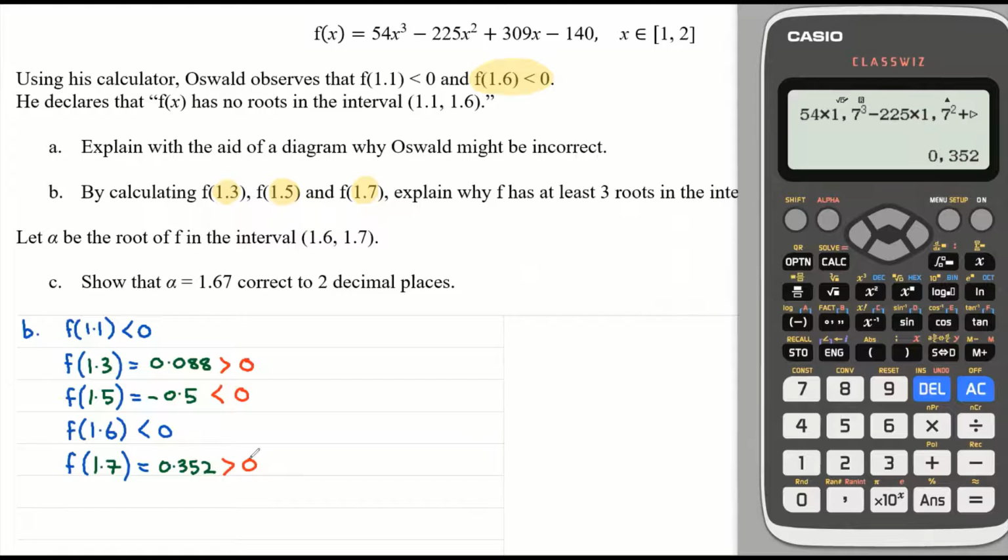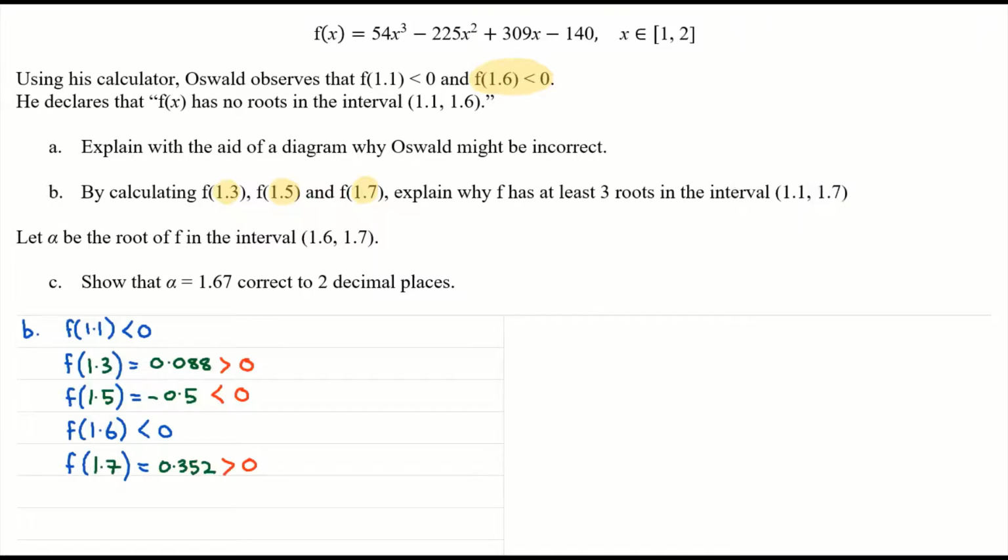Now, how do we apply this? Well, we're going to show this on a diagram. It says, by calculating all these values, explain why f has at least 3 roots in the interval. Well, I'll show you on a diagram what's going on here, first of all. So if we draw the interval, I know you're not asked to do this, but it's worth doing anyway. I'm just going to show you what's going on.